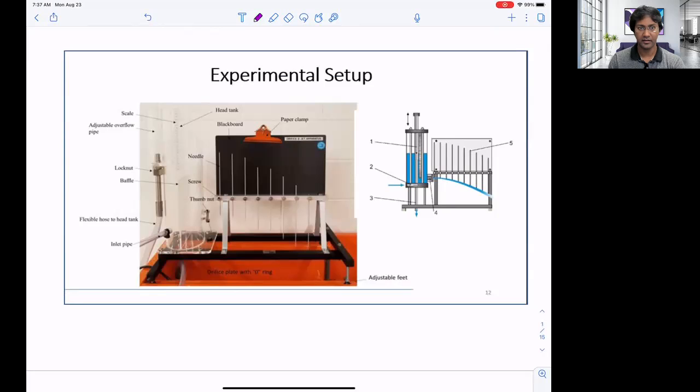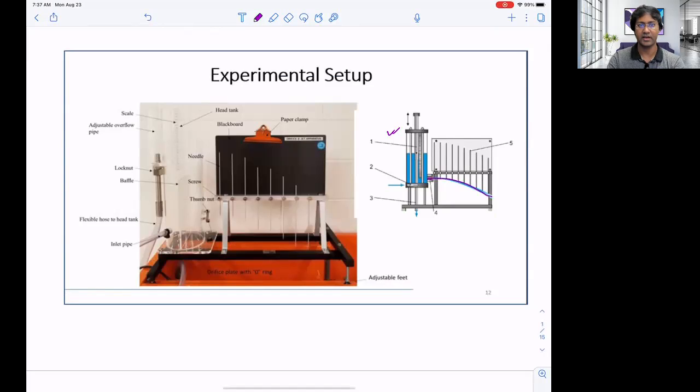Then we can see the setup here. If we have an overhead tank like this one, it may be square or circular, whatever it is, it depends on the experimental setup and the availability of the instrument in your laboratory. If we have water like this, and we have an opening, what will happen? Water will flow like this. That is the jet, right?